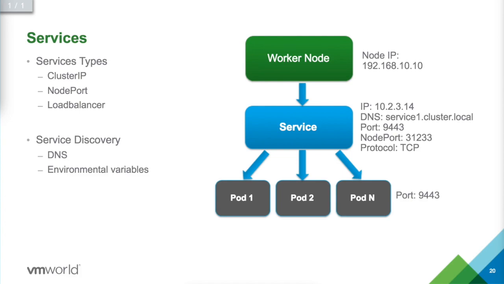Or another way to say this is the pod will become an endpoint of the service. On the right side of the slide, we show that the Kubernetes service named service has 3 endpoints: pod 1, pod 2, and pod 3. There are 3 service types you can use when creating the Kubernetes service object.